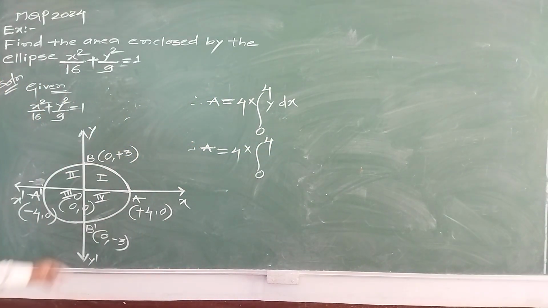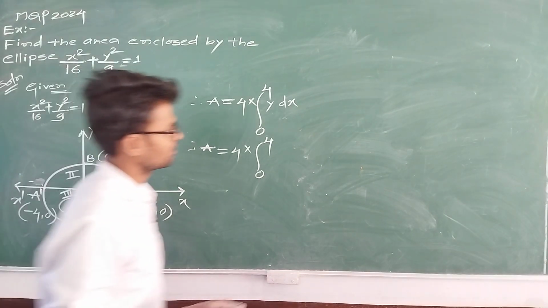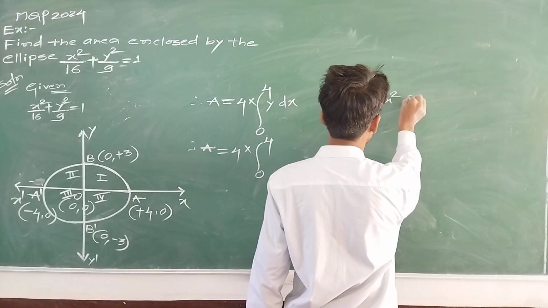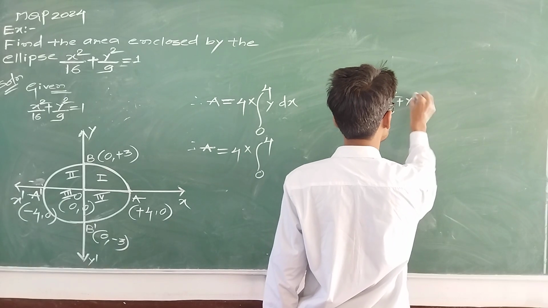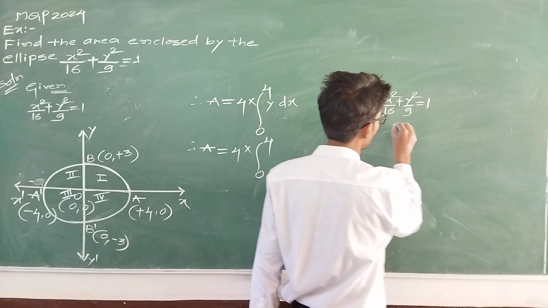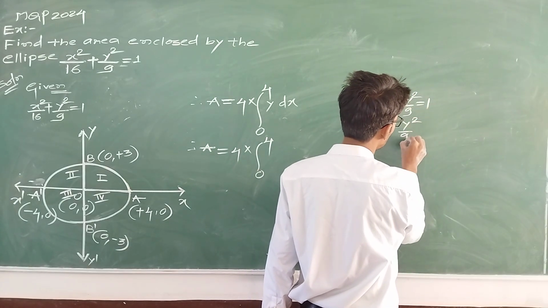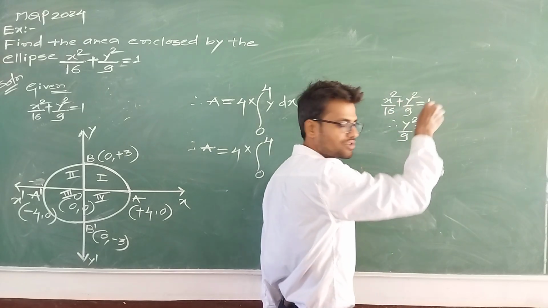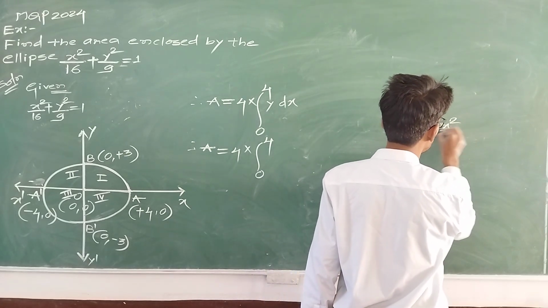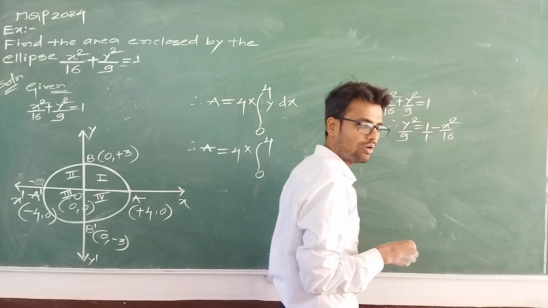Now, find the value of y by taking this equation. So I go for a rough calculation. x squared by 16 plus y squared by 9 is equal to 1. Therefore, y squared by 9 is equal to 1, you write as it is, take x squared by 16 to this side. It is 1 minus x squared by 16, and 1 is 1 by 1.